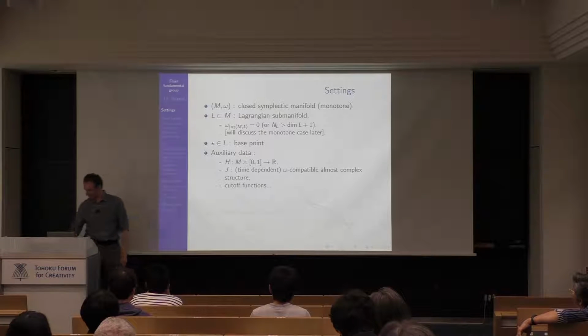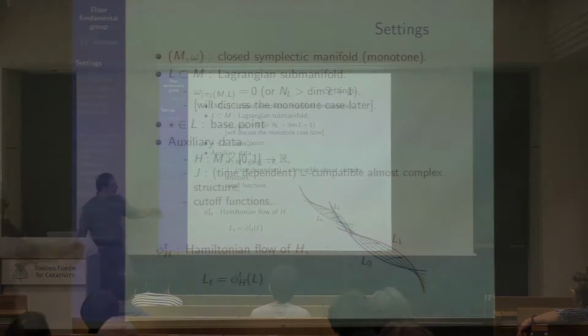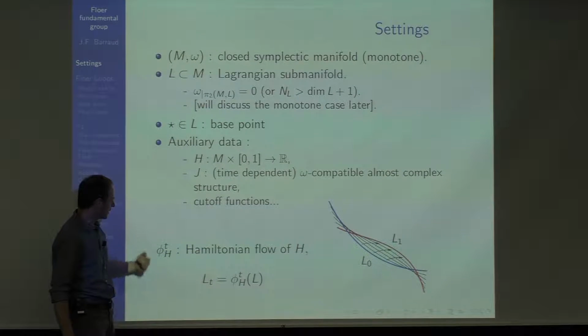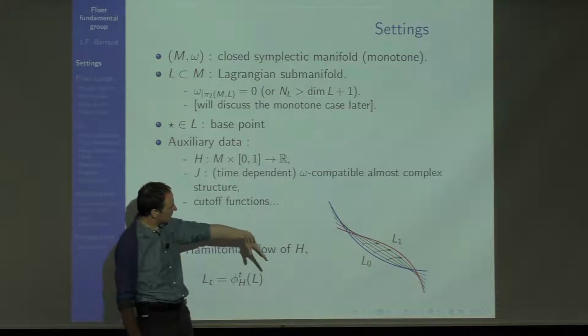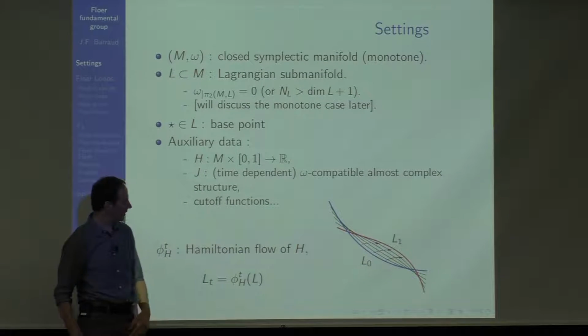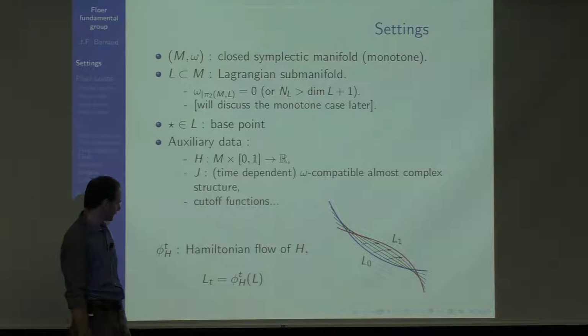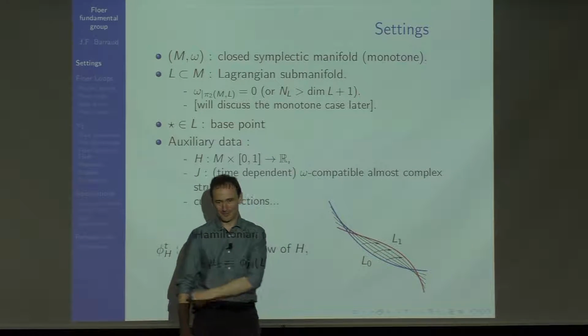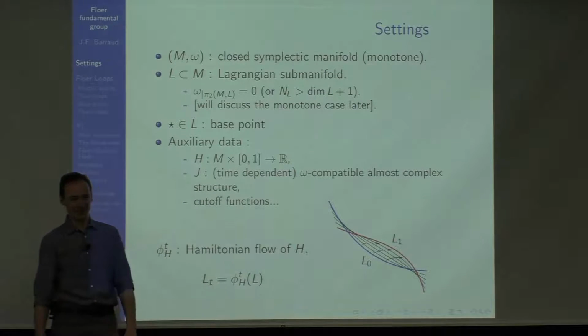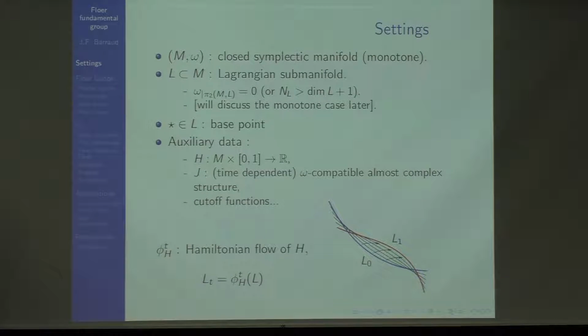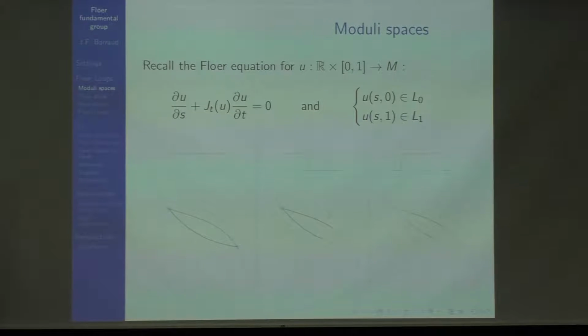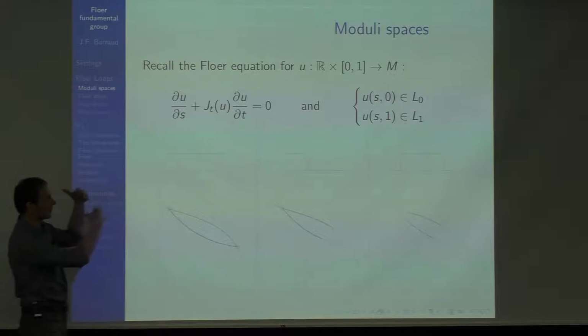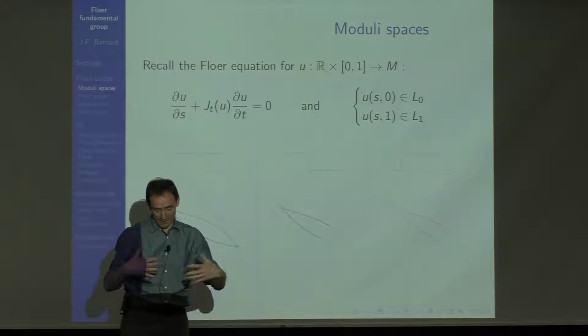And as it has already been explained several times, once I have this Hamiltonian function, I can consider the flow associated with this Hamiltonian function and begin to deform my Lagrangian using this flow. I will always draw my first Lagrangian in blue and the second one in red. And this will be a convention all over the drawings here. Okay? And then this was the setting, and then I need some Floer background.